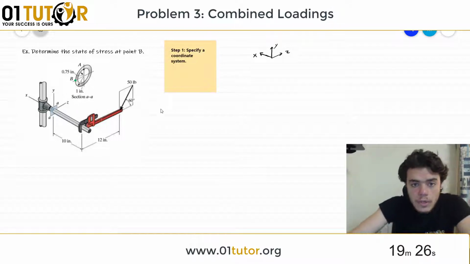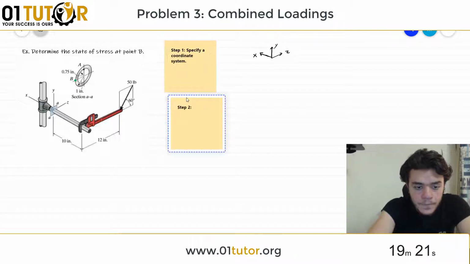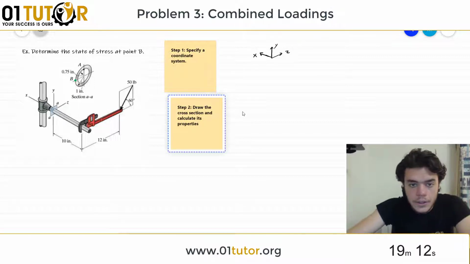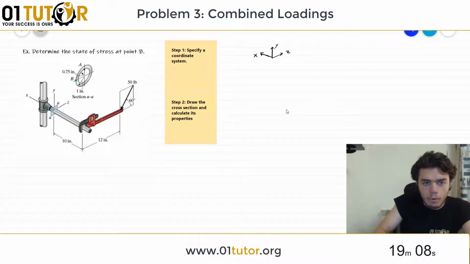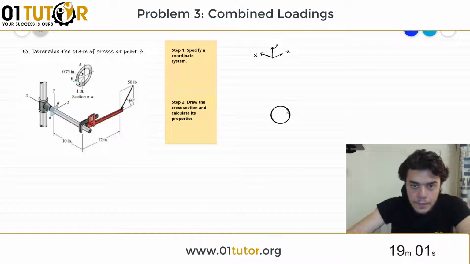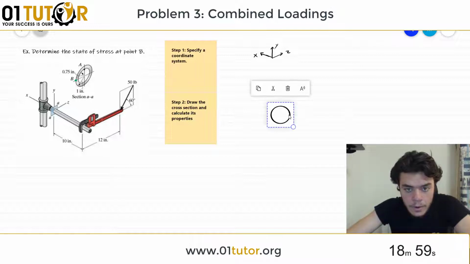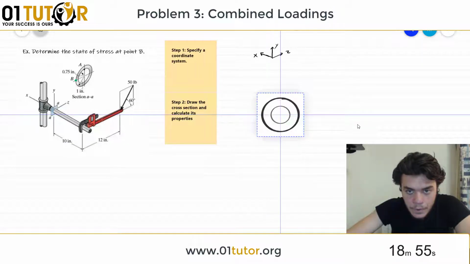Now, what's step two? Step two is to draw the cross-section and calculate its cross-sectional properties. The cross-section is given for us. It's a hollow cross-section, so we're gonna have a circle in here and a larger circle.